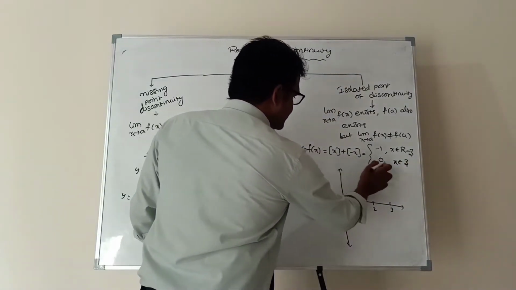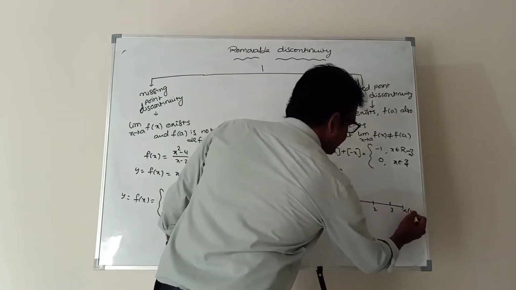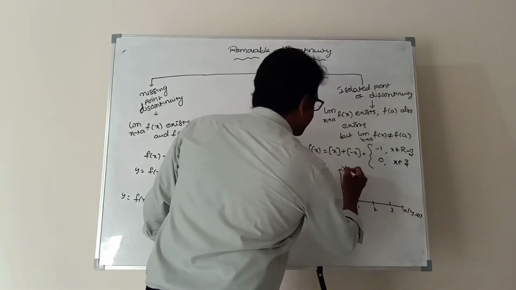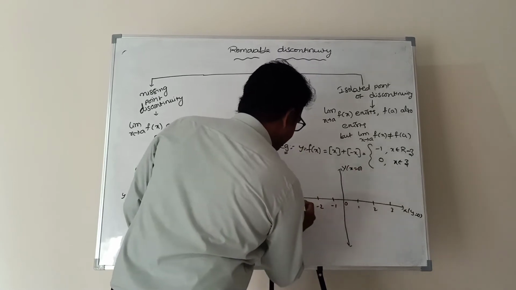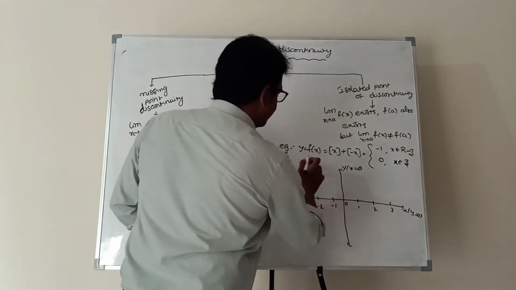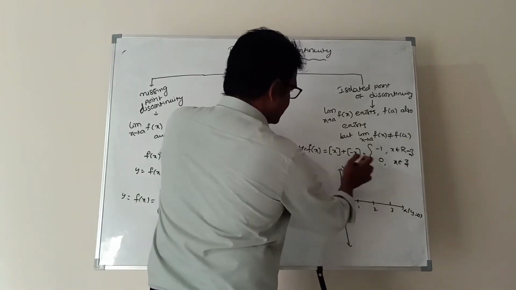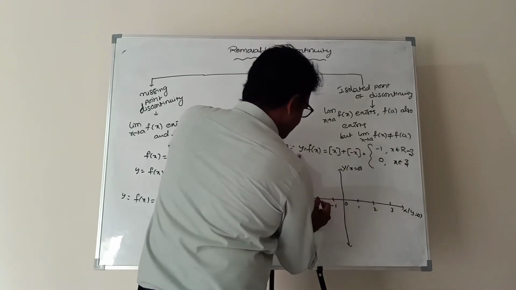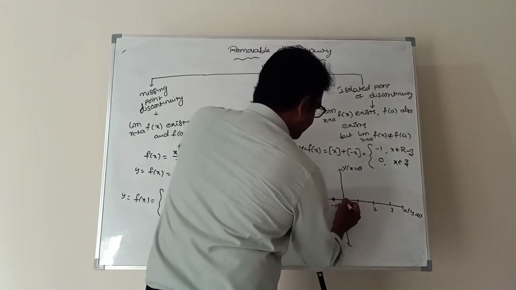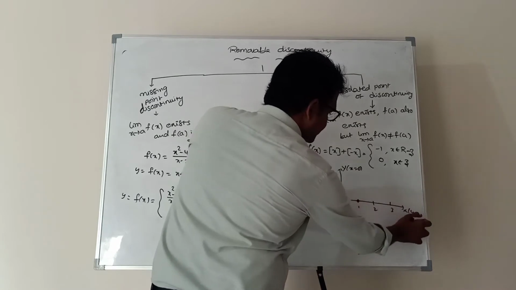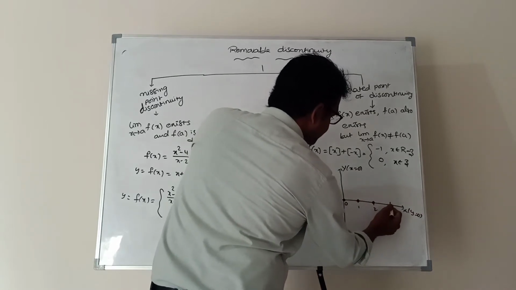If y is 0, x axis means y is equal to 0, y axis means x equal to 0. At every integer, that means minus 3, minus 2, minus 1, this is 0, y value is 0.